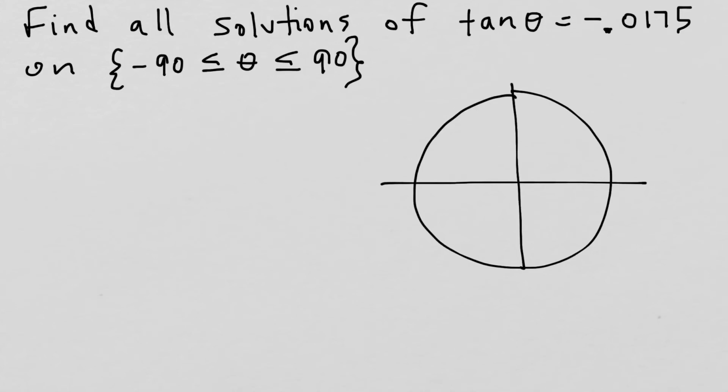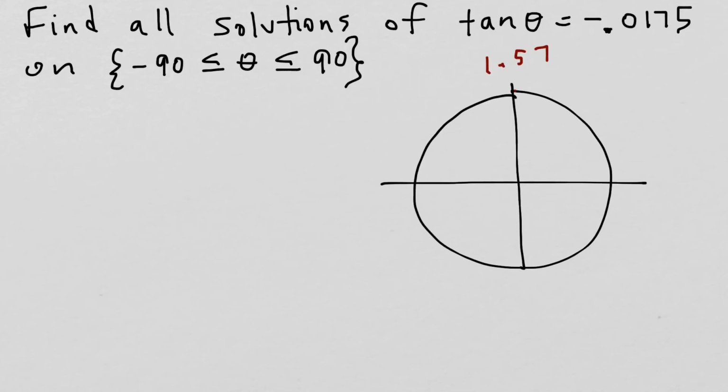All right, so let's do one more of these. Let's do a tangent this time. So it says find all solutions of tan theta is equal to negative 0.0175 on this interval negative 90 to 90. So we're talking about degrees here. Let's continue working in radians because we need a little bit more practice understanding radians and then convert to degrees in the end. So if we're talking about between negative 90 and 90, this would be 90 here, which is pi over 2 radians, which is 1.57 in decimal form.